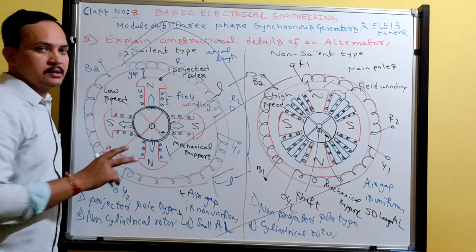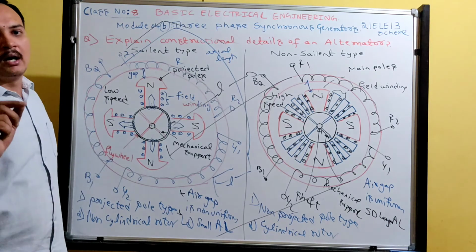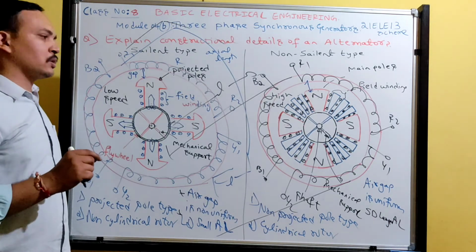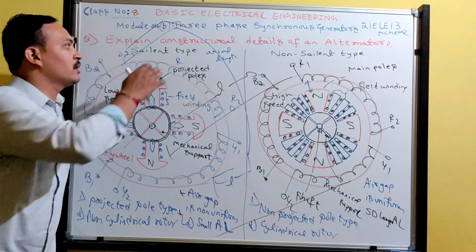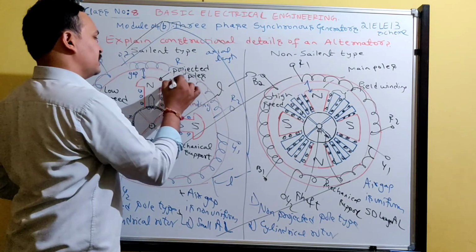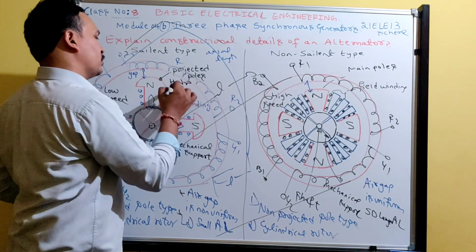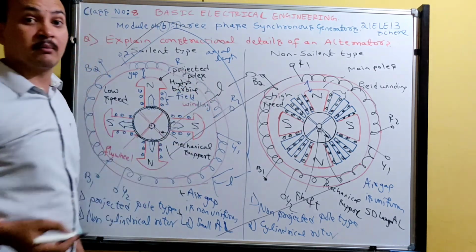Low speed alternators are nothing but salient pole type. We use this alternator in hydro power plants, so for hydro turbines we can go for salient pole type rotor. You can write: used for hydro power plants, hydro turbines or water turbines.